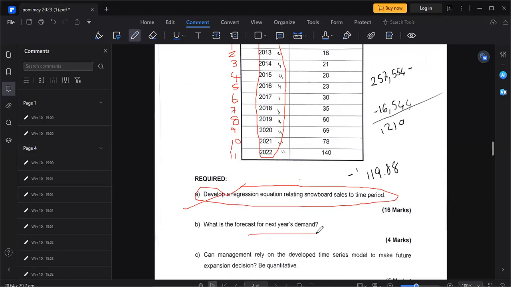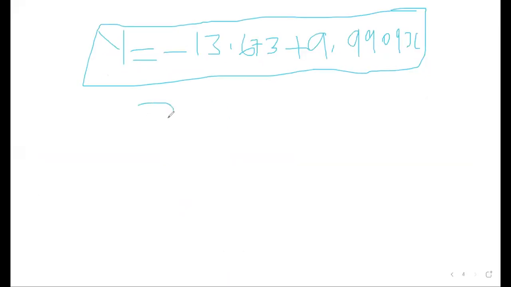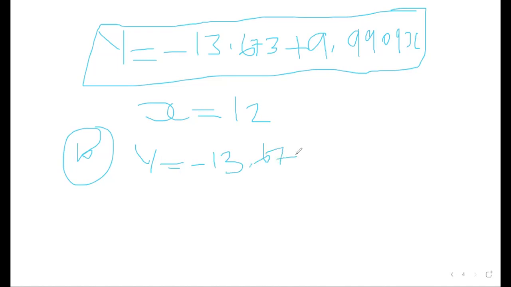Let's find the forecast for next year's sales. The next year's sale is for the 12th year, using the same regression equation. So when x is equal to 12, y is equal to negative 13.673 plus 9.9909 times 12.